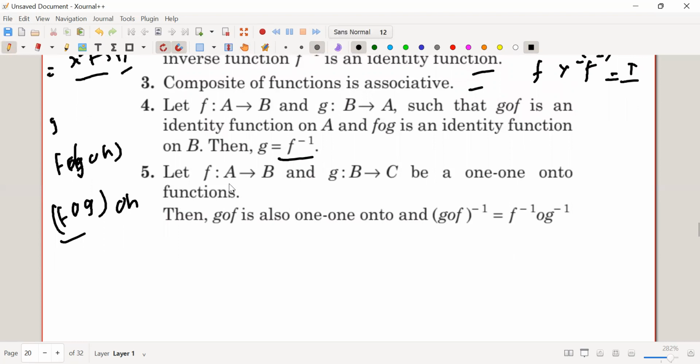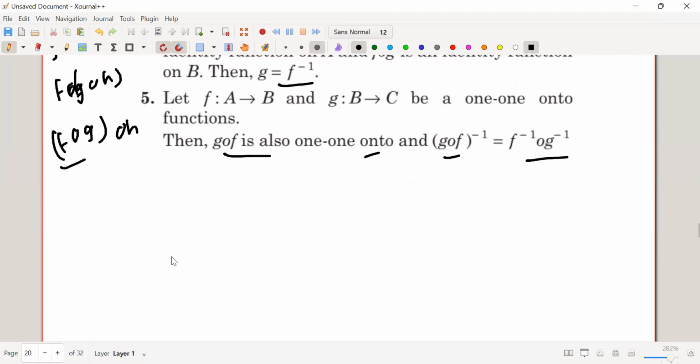Let function f from A to B and g from B to C be a one-one onto function, then g of f is also a one-one onto function. (g of f) inverse equal to f inverse of g inverse.